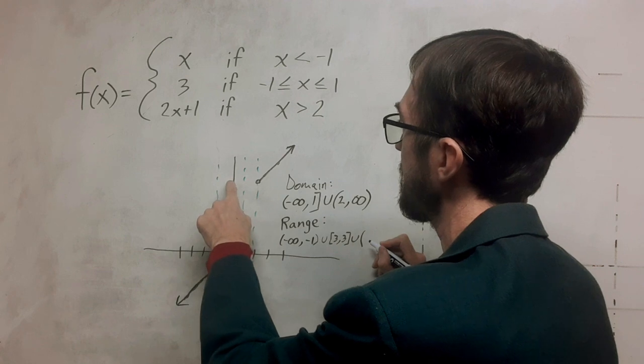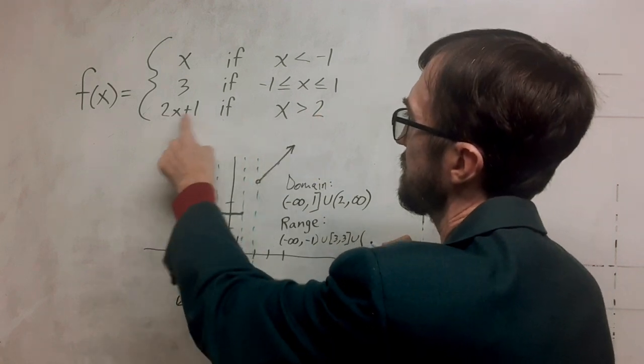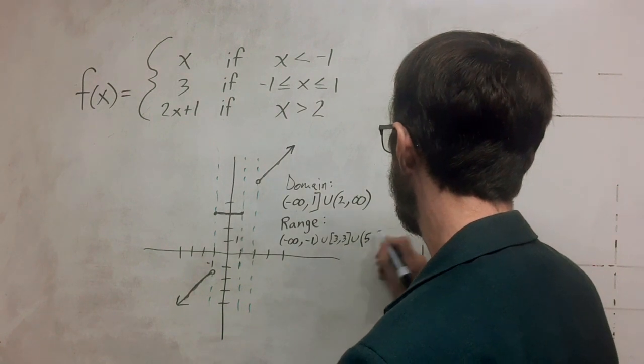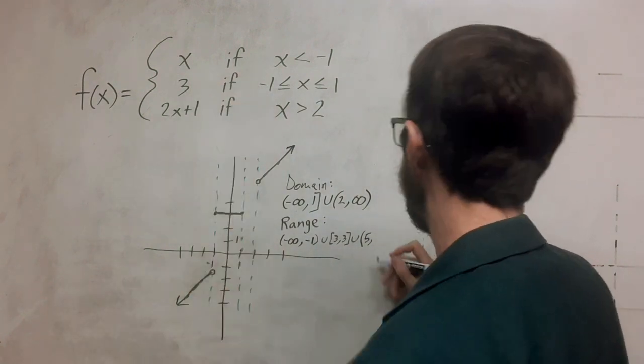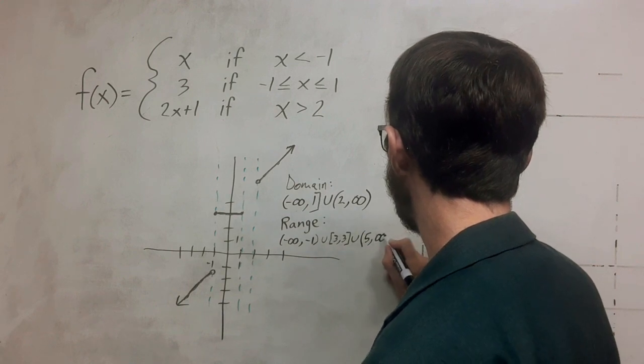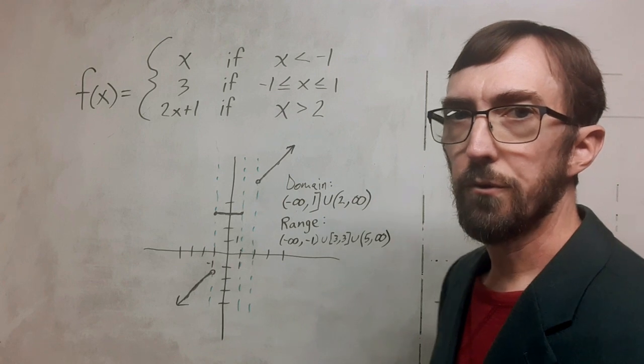And the y value here is 5. If you plug 2 into here, this would be 5. And then we go from 5 up to positive infinity. And so that is going to be our range.